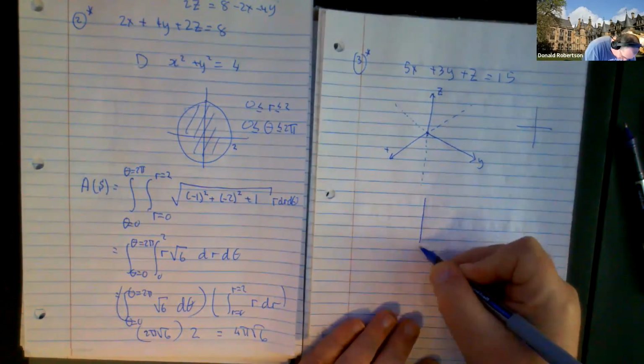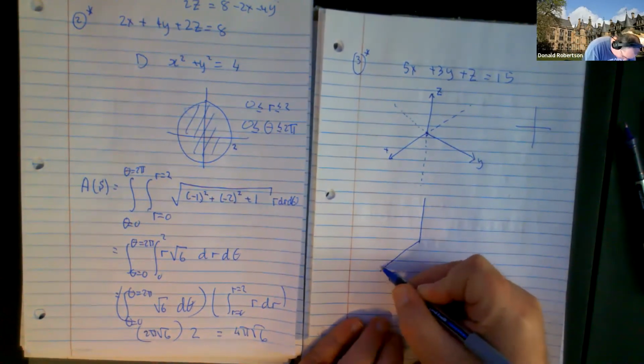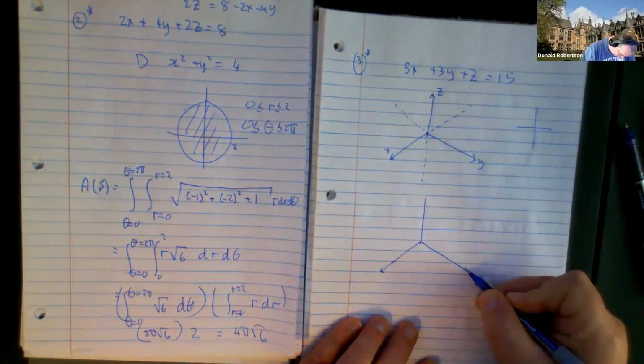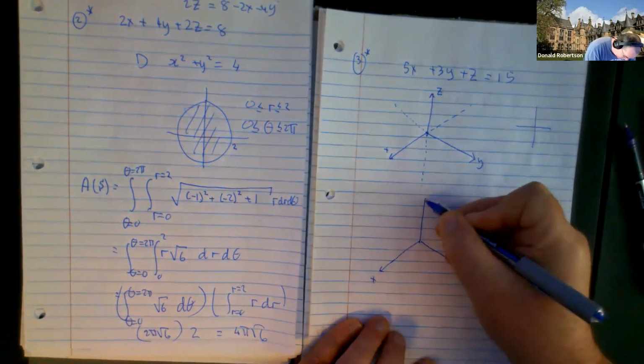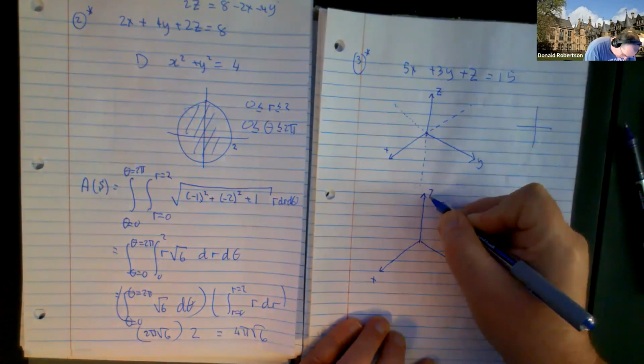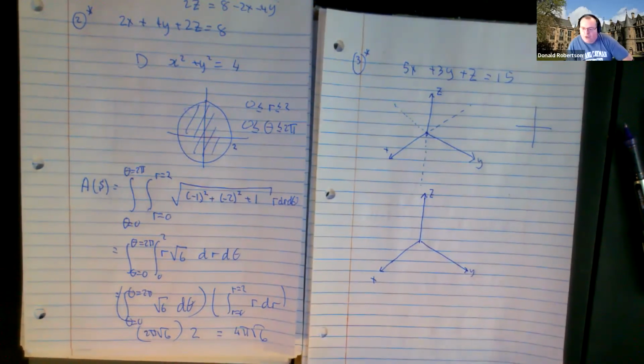So I'm now going to redraw only the piece of the shape that we're really interested in. And then it looks like you haven't given me enough information. I don't know what I'm trying to find the surface area of.